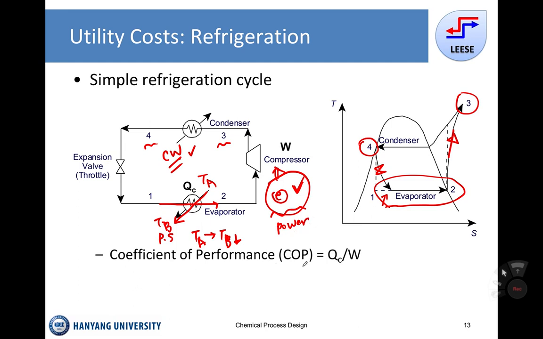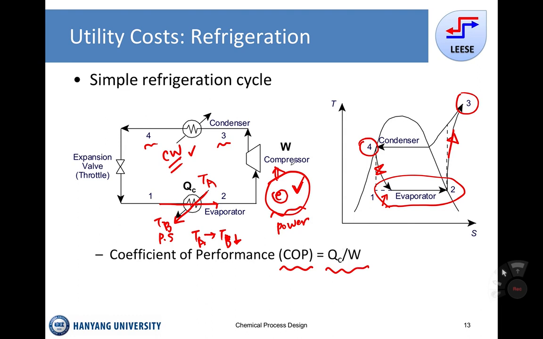So here I'm introducing the so-called coefficient of performance, known as COP. That is the ratio of the heat to be discharged to the refrigeration against the power required by the compressor.